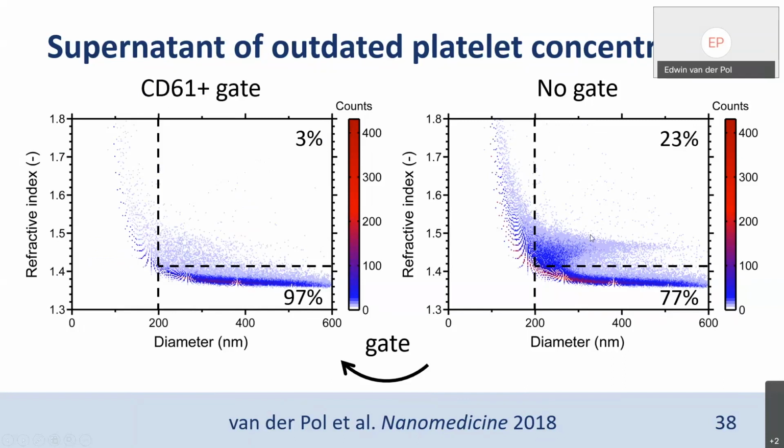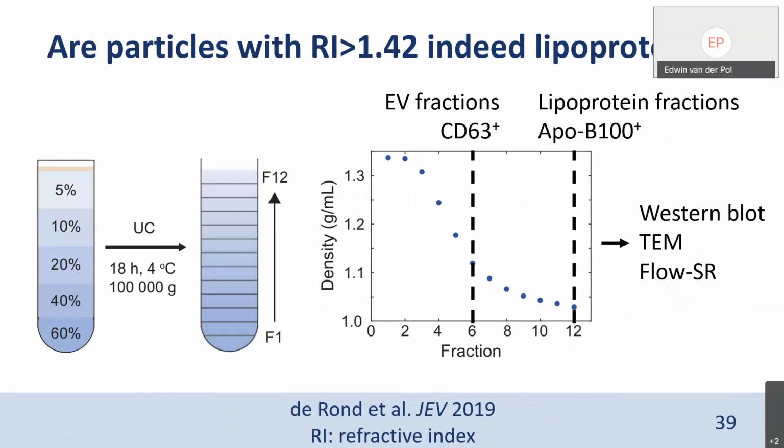So our hypothesis was lipoprotein particles, but it was much harder to confirm that, mainly because we couldn't find a good label to specifically label chylomicrons. So Leonie, who just graduated, performed a density gradient, and top down in this case, she collected fraction 1 to fraction 12. She measured the density, and she applied Western blot, electron microscopy, and flow SR to these fractions.